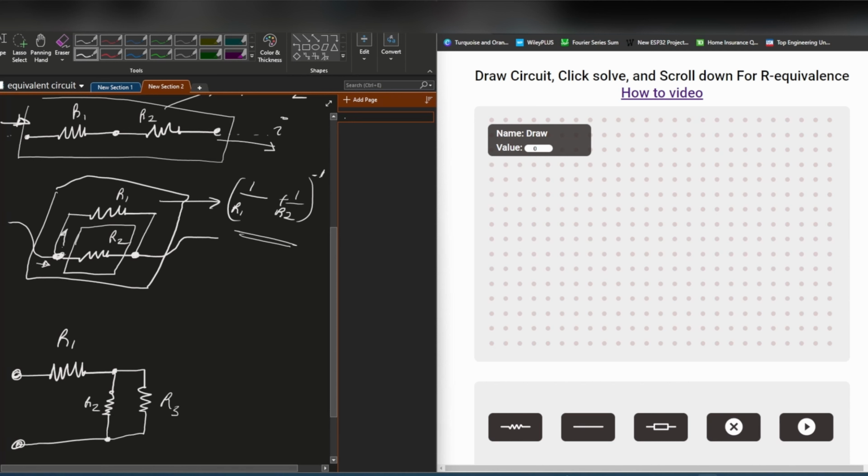So because of that, we are not able to exactly say that they share the same current. However, they do share the same voltage. Because let me just draw that again.